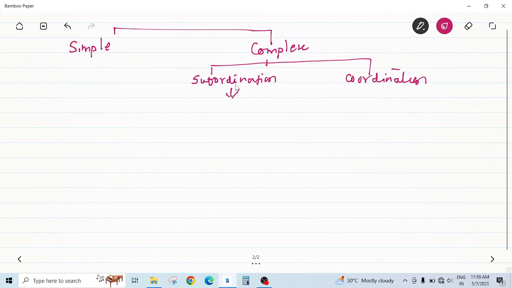Now, you already know this word. Subordination in Marathi means दुय्यमीकरण, दुय्यम स्थान देणे. And remember that it shows a relation between two clauses.